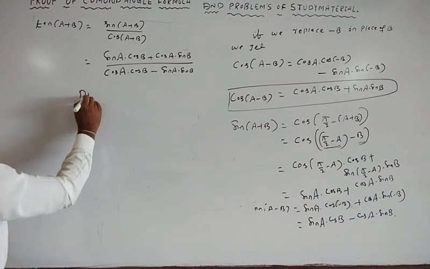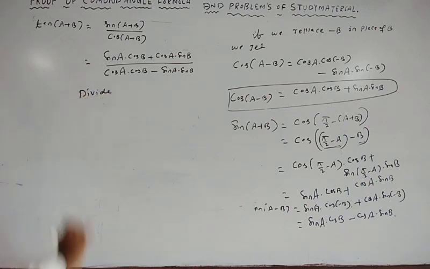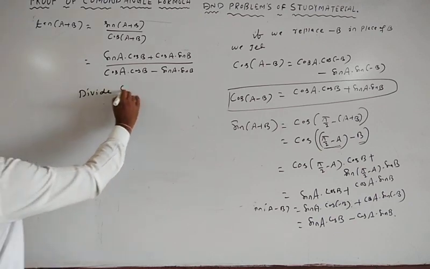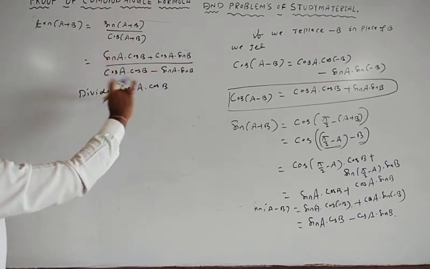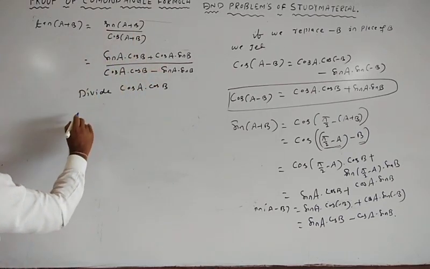Here we divide. We need tan, which is sin by cos, so we divide numerator and denominator by cos a cos b.